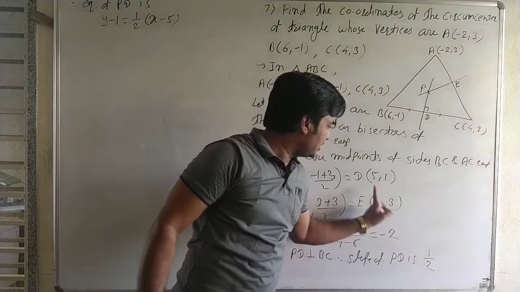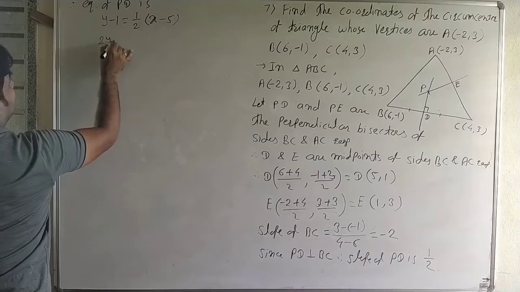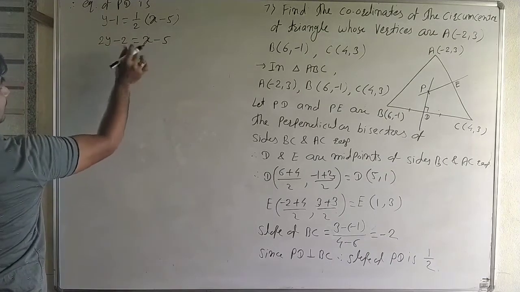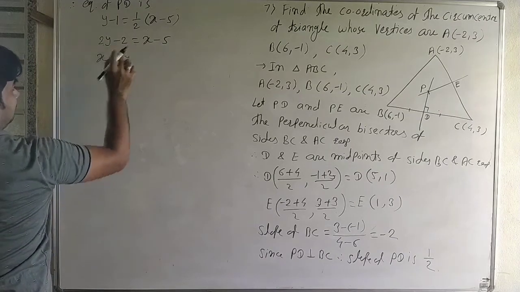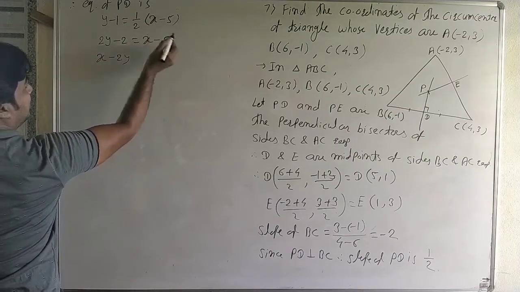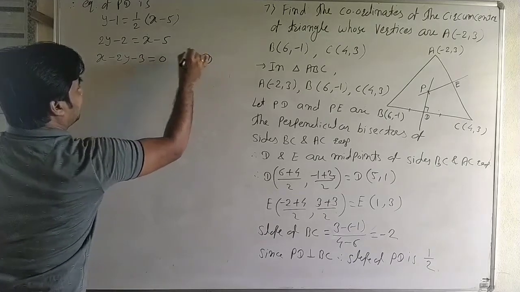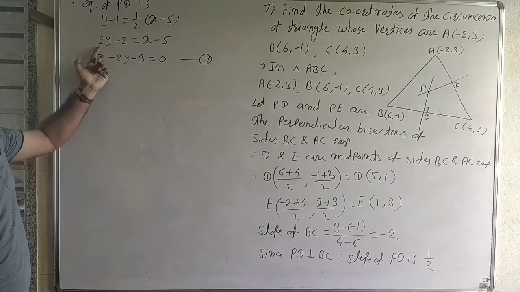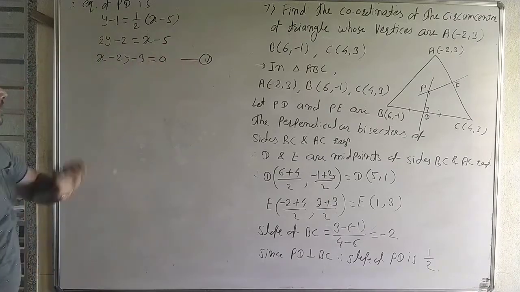So we get 2y minus 2 is equal to x minus 5. Then x minus 2y minus 3 is equal to 0. It is equation number 1.